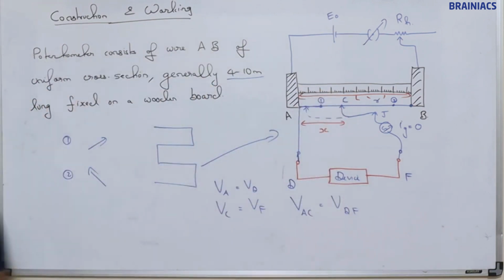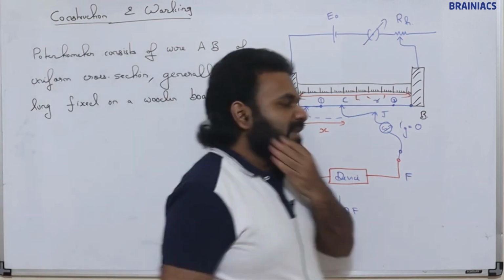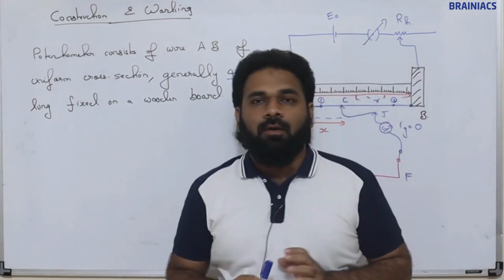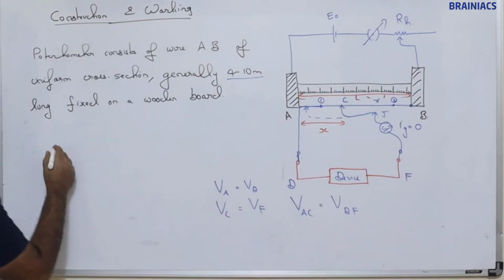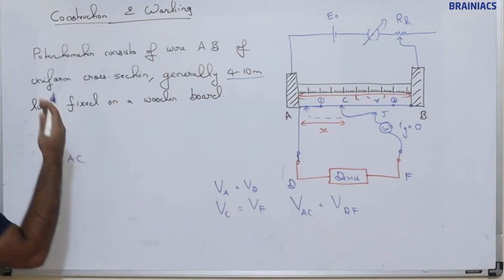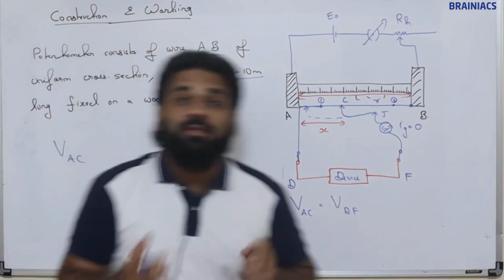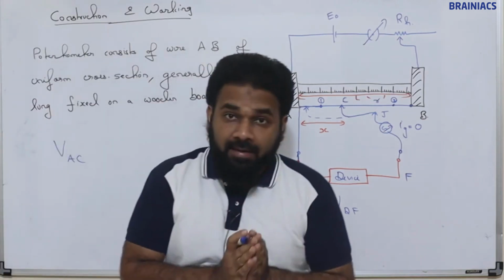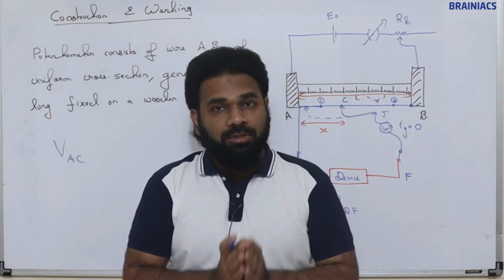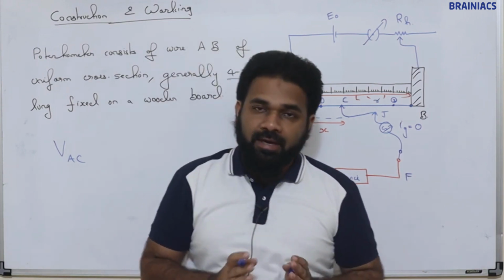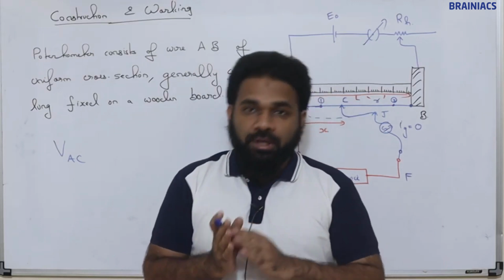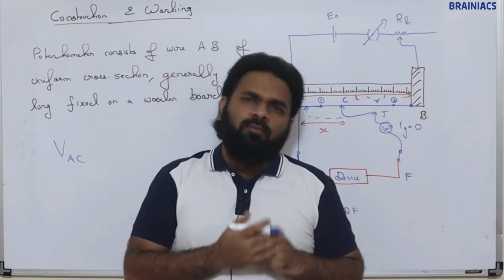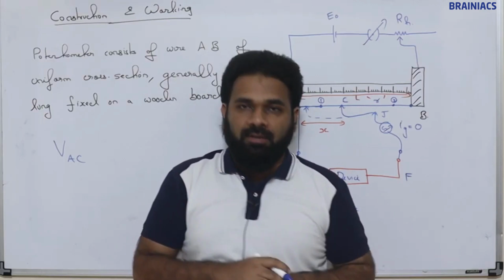Note it down. Now, what is the voltage across the points A and C? VAC is what? With respect to the potential gradient, we have discussed potential gradient. Potential gradient is voltage per unit length, voltage drop per unit length, or voltage difference per unit length.